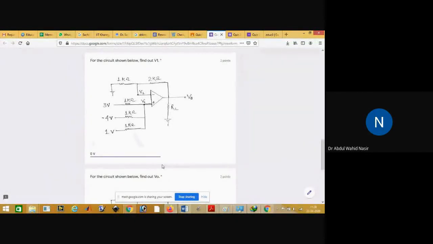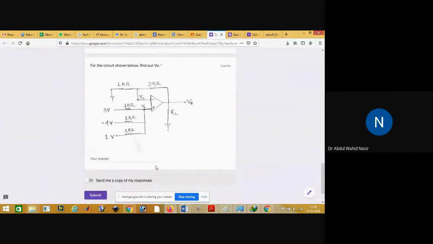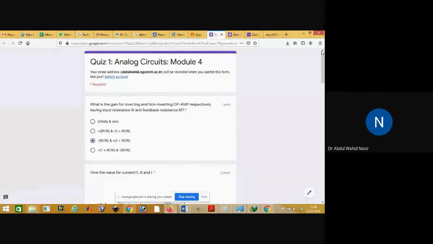So you can write V1 is equal to 0 volt. Clear? And here, this answer V naught will be also 0 volt. Clear? Any doubt?